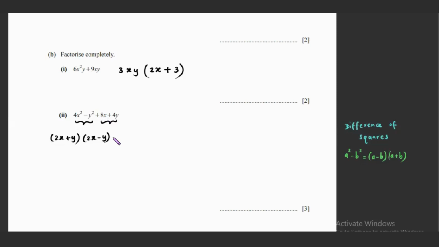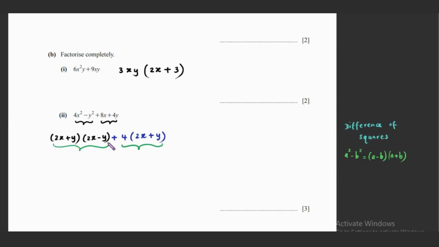Then for the next one, I have this plus that we have here in between. So I'm going to put that plus. And for this 8x plus 4y, we have 4 in common. So I'm going to take that 4 out and put the rest, which is 2x plus y, within the brackets like this. Now, when we consider this term and this term, these are two separate terms.